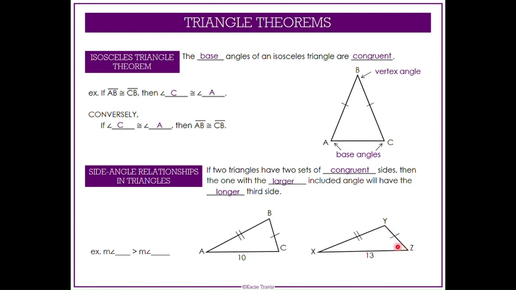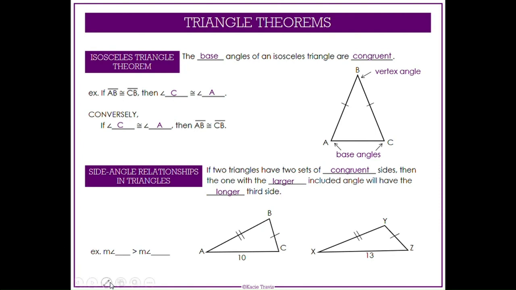So in this case, even though we have two sets of congruent sides, we do not necessarily have the exact same triangle. Only the sides are going to end up being equal. See over here, from X to Z, this one's larger than this one from A to C. Because this side is larger, the angle that is formed here is going to be larger than this angle that is formed here.